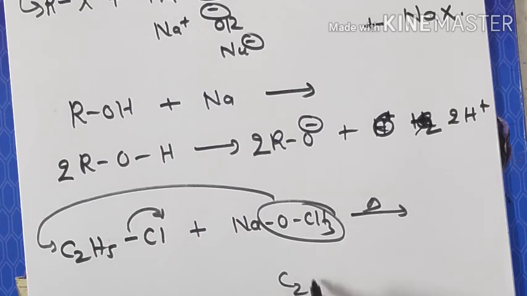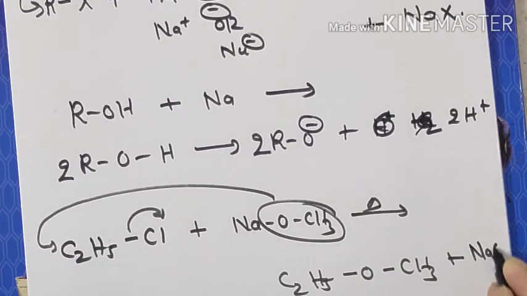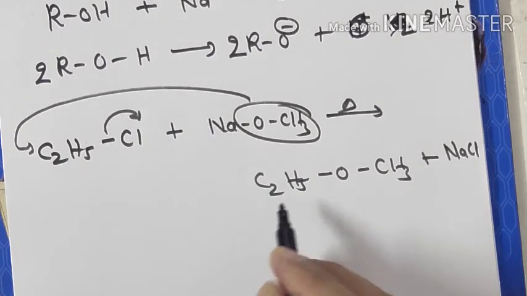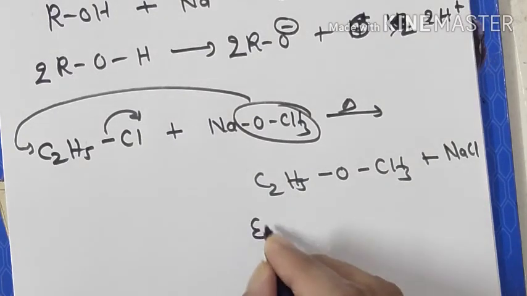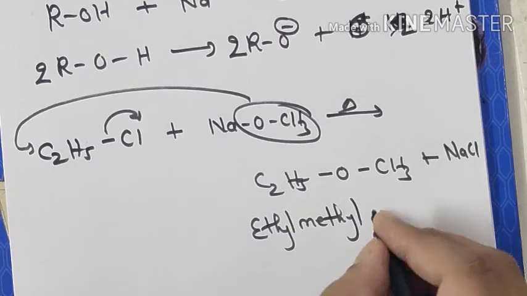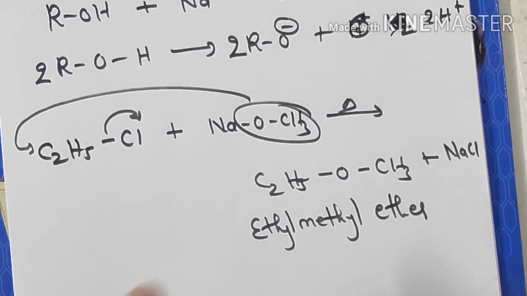So what do I get? C2H5OCH3 plus NaCl. This is called ethyl methyl ether. So this is how we form ether.